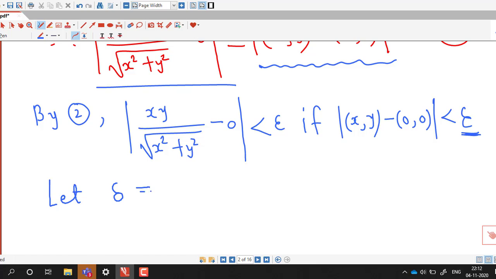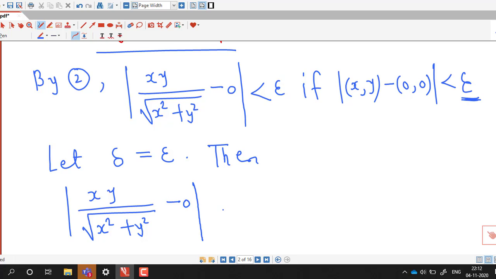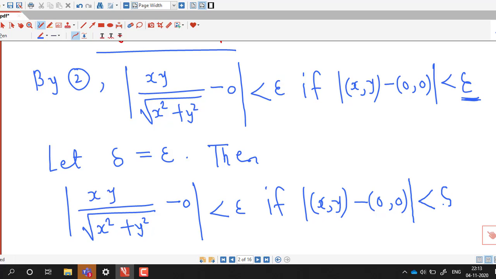So let delta equal to epsilon, then distance between xy over square root of x square plus y square minus 0 is less than epsilon if distance between (x, y) and (0, 0) is less than delta.